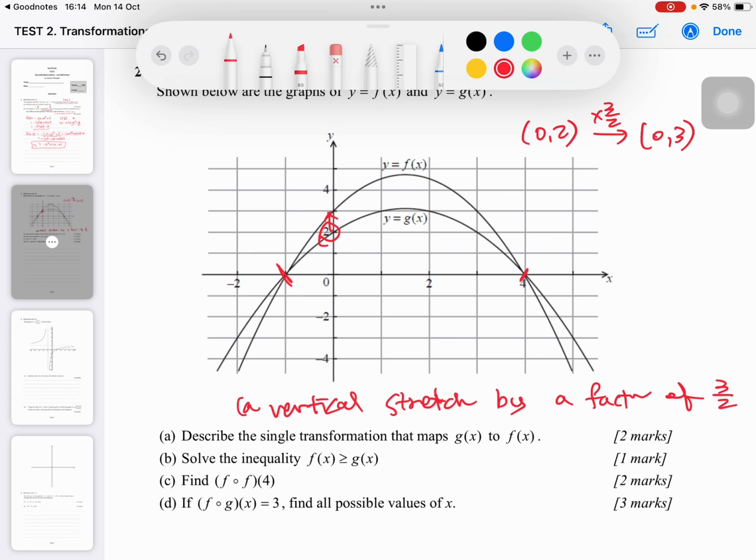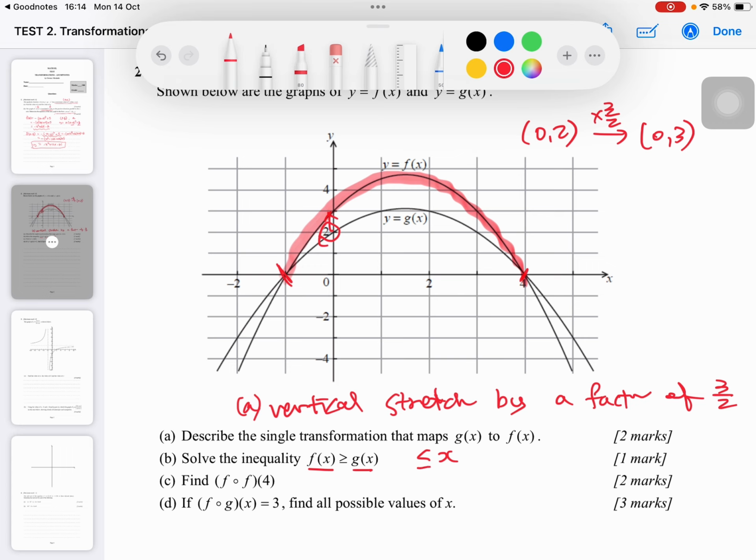So this is A. Now the inequality f of x is larger than g of x. During here, f of x is upper than g of x. For this one, we need to see the graph itself, but when we answer with the interval, we need to give the interval of x.